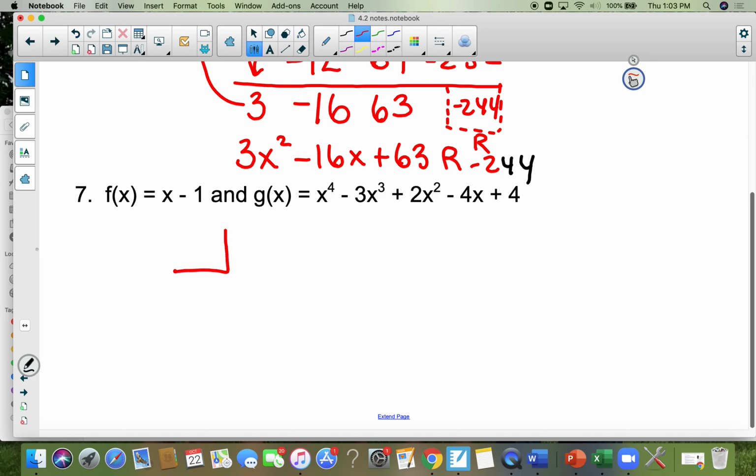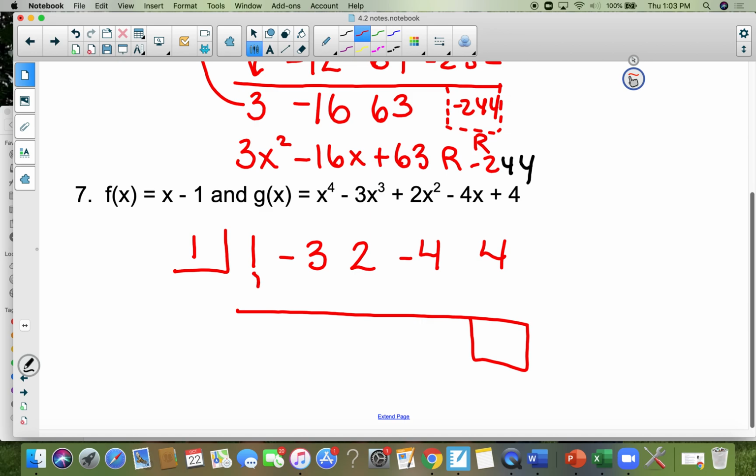So you put a 1 inside the box, and it's going to go 1, negative 3, positive 2, negative 4, positive 4. You always start the process by bringing down your 1. 1 times 1 is 1. Add it up, makes negative 2. Negative 2 times 1 is negative 2. Add it up, you get 0. 0 times 1 is 0.